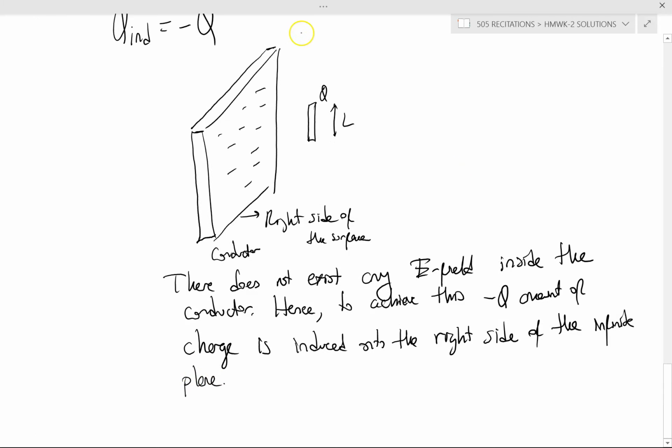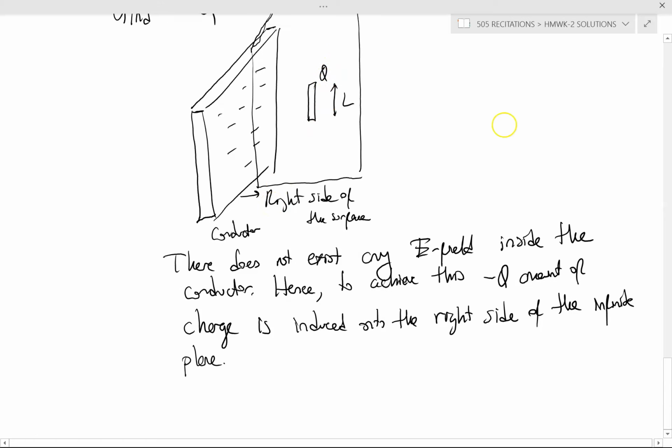Because once you draw a Gaussian surface that passes through just behind the right side of the surface, I need to end up with a zero E field, and in order to achieve that, the Q enclosed must be 0, and I am enclosing Q over here, so minus Q must be induced.